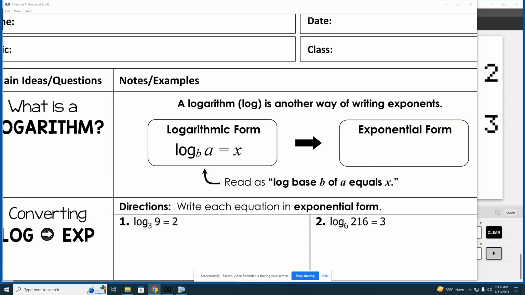Why would I need it? If I have an exponential equation I can't solve, I can rewrite it as its inverse, a logarithmic one, and then I would be able to solve it.